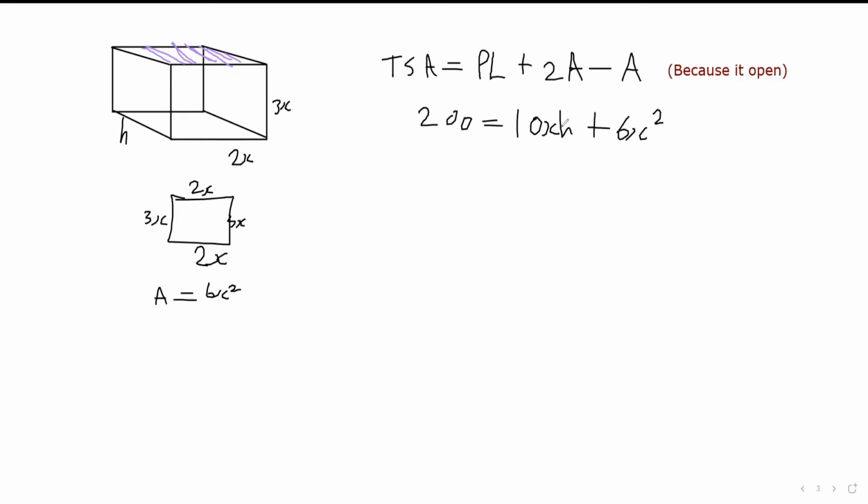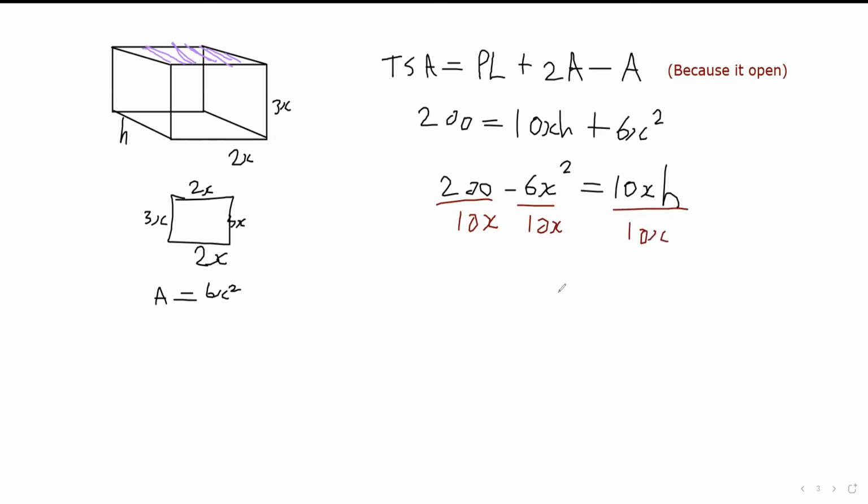We need to make h the subject. So I'm going to bring that over to end up with 200 minus 6x squared is equal to 10xh. Then, since I need h to be the subject, Marika, I'm going to divide every side by 10x. Divide this by 10x, divide this by 10x, divide this by 10x.